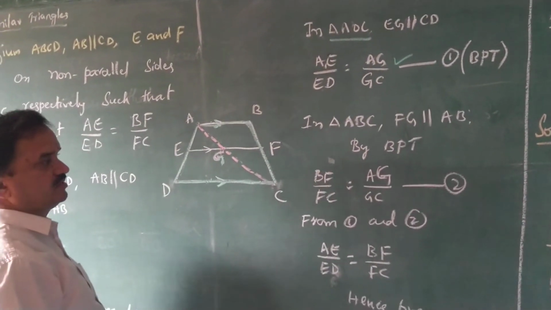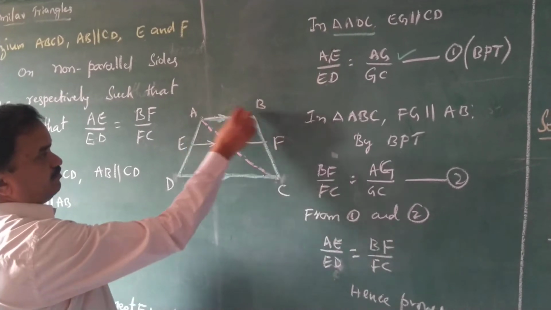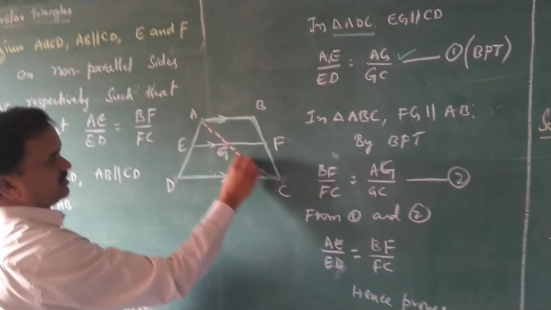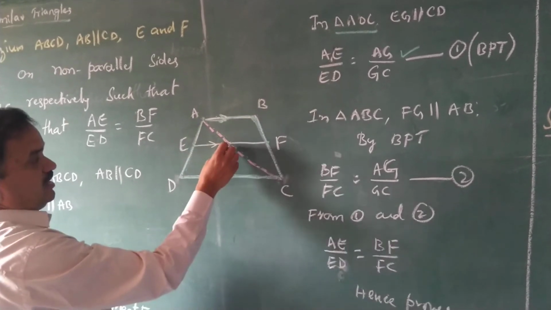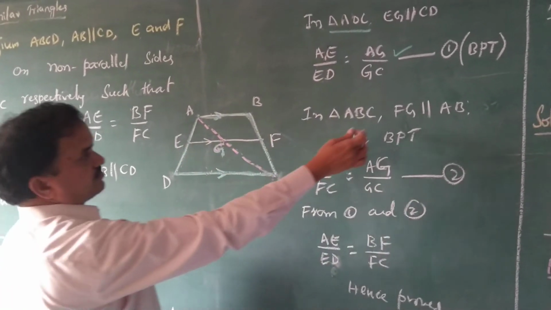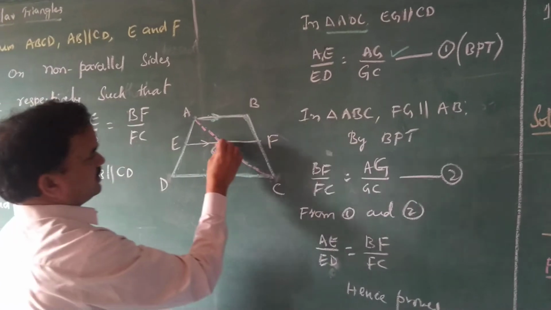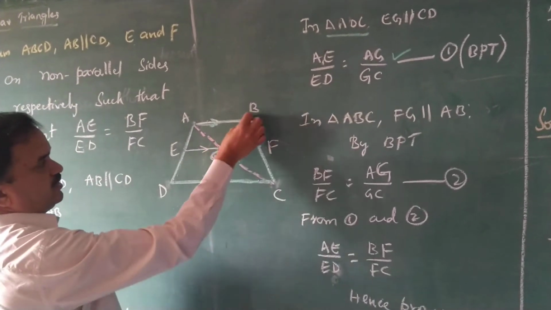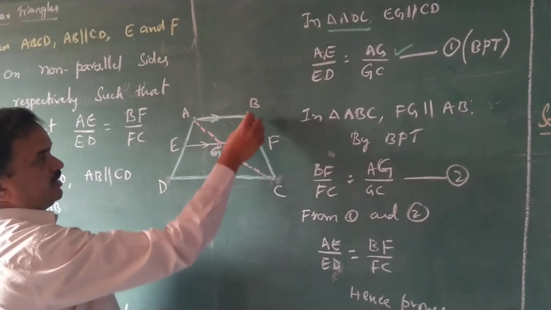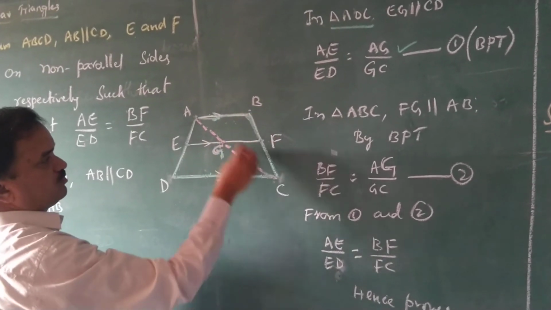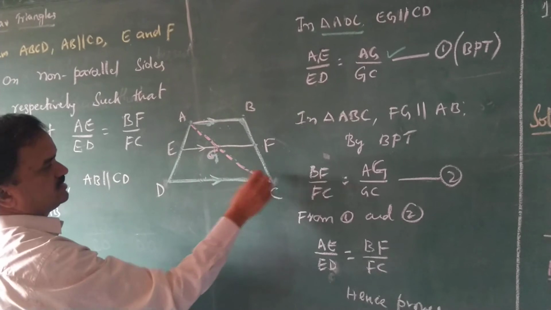This is equation 1. Now take triangle ABC. Here AB is parallel to EF, so FG is parallel to AB in this triangle. From BPT, BF by FC is equal to AG by GC.